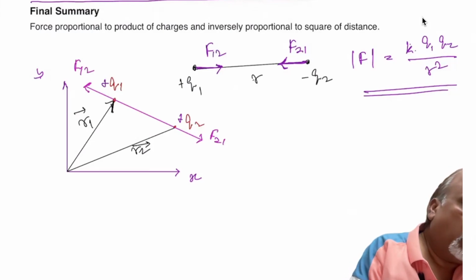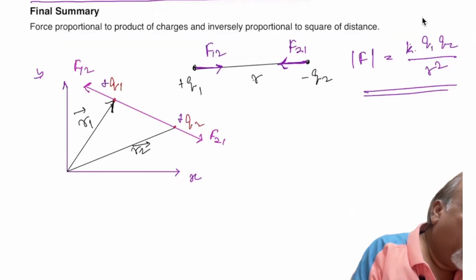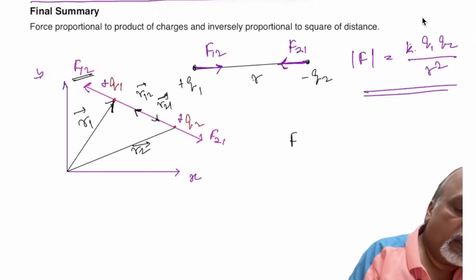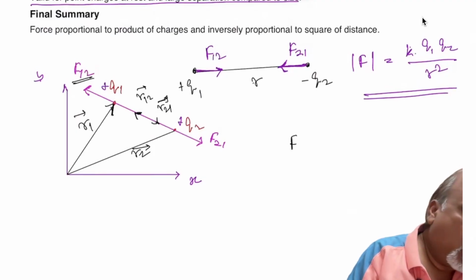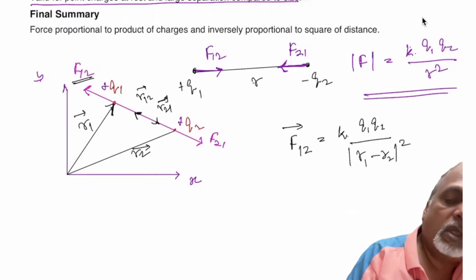Correct. What is this? When we take F12, this is your R12. When we take R21, this is your R21. Of course, the vector form of this, suppose you are writing F12 in vectorial form, then it is K Q1 Q2 upon the magnitude of R1 minus R2 whole square.